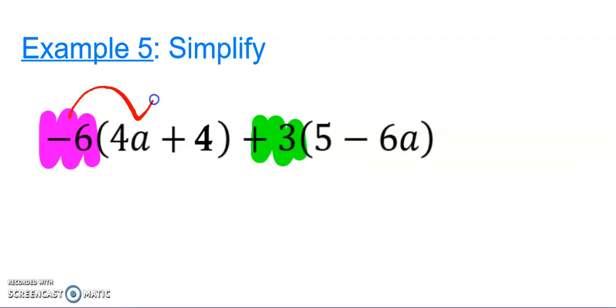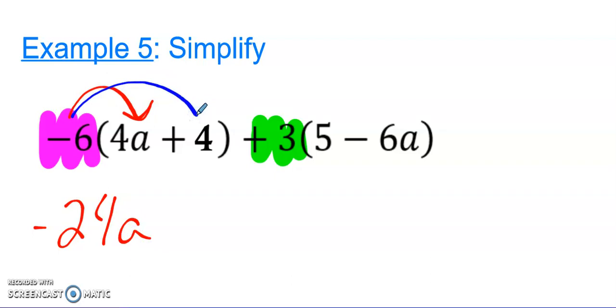So we're going to have negative 6 times 4a. Negative 6 times 4 is negative 24a. And then we have negative 6 times 4. Negative 6 times 4 is negative 24. Stop when you get to the parentheses, okay? Stop there. Now, we're going to look at our green coefficient.